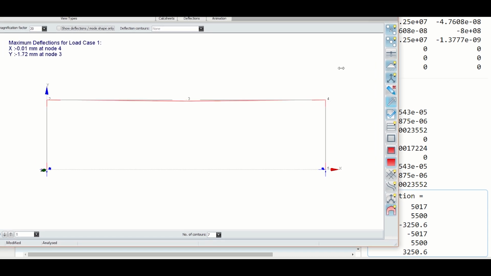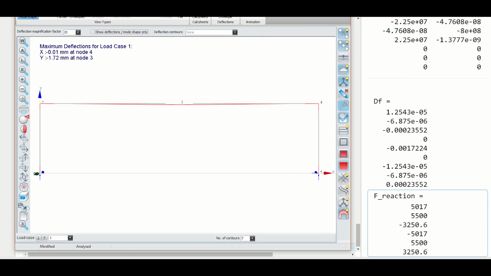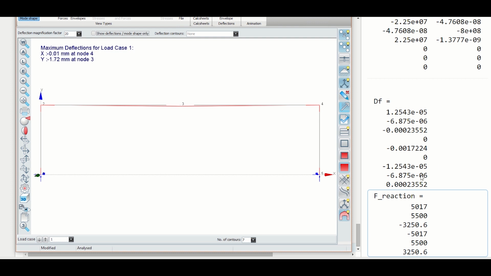So just giving an idea how it looks with the Procon model. You've got 1.7 millimeter down displacement at node 3. So this is 1, 2, 3, 4, 5. So your degree of freedom 5 is displaced by 1.72 millimeters.